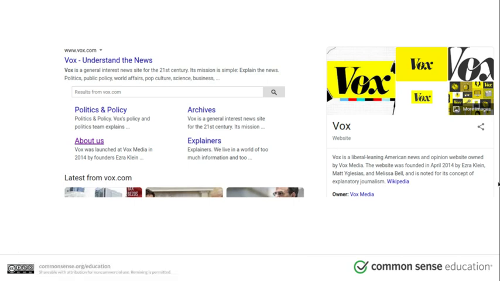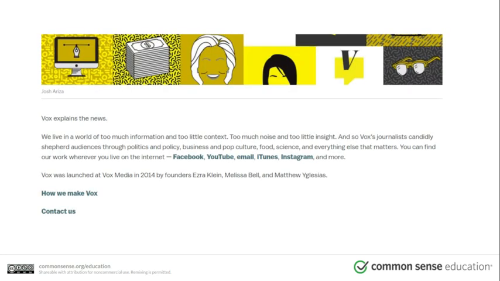So first I Googled Vox. I found that Vox is a general interest site, and it's also liberal leaning according to Wikipedia. It is established. The website's been around since 2014, so it has a history. From the About the Website link, Vox explains the news.